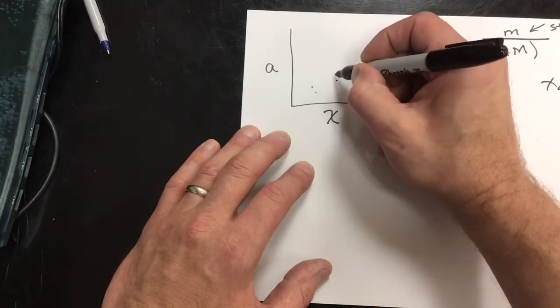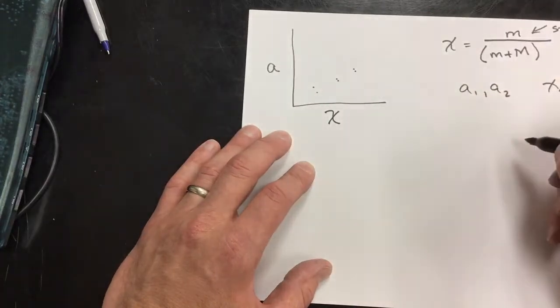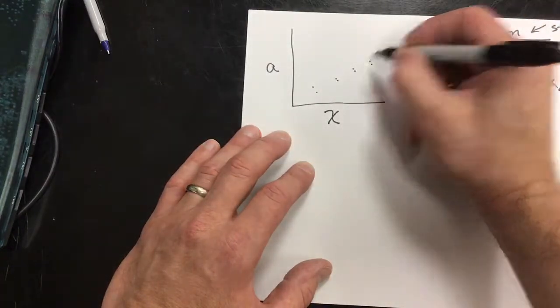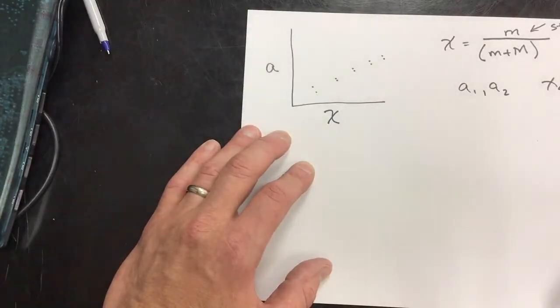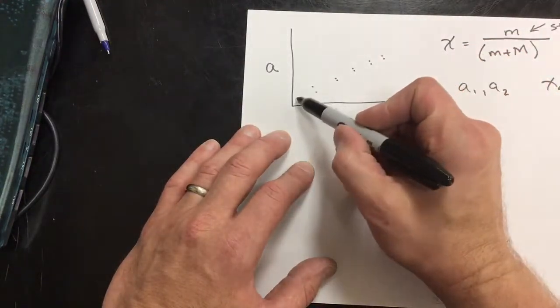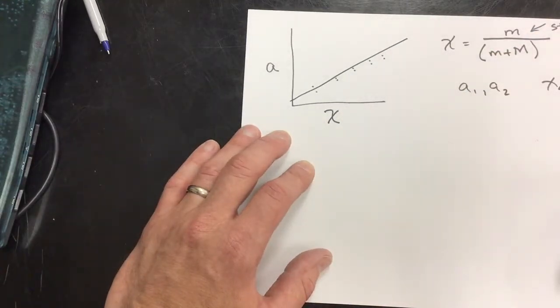Now, depending on how accurate those values are, how good those measurements are, you should get ordered pairs that will make some kind of a display like this. We're going to use the computer then to make a graph and to fit that line with those paired points and try to get a linear relationship.